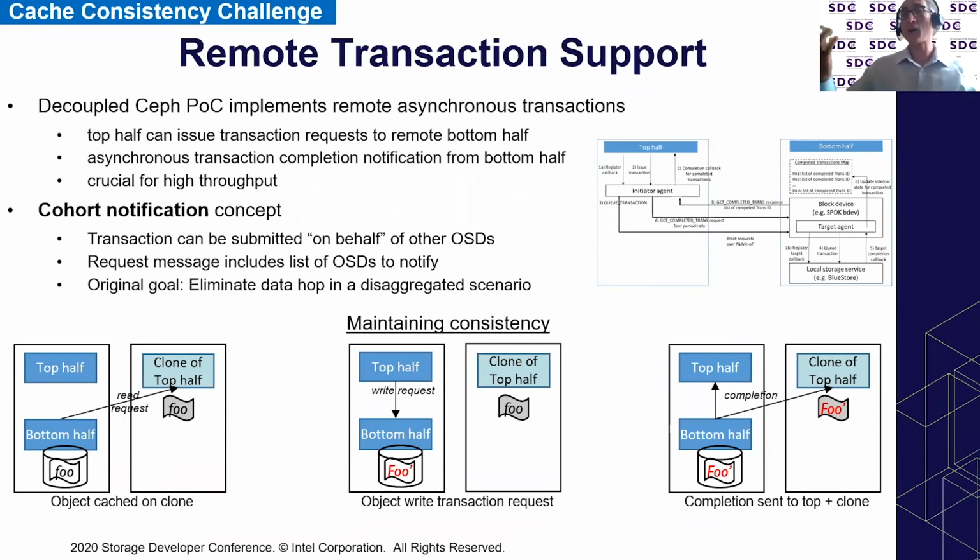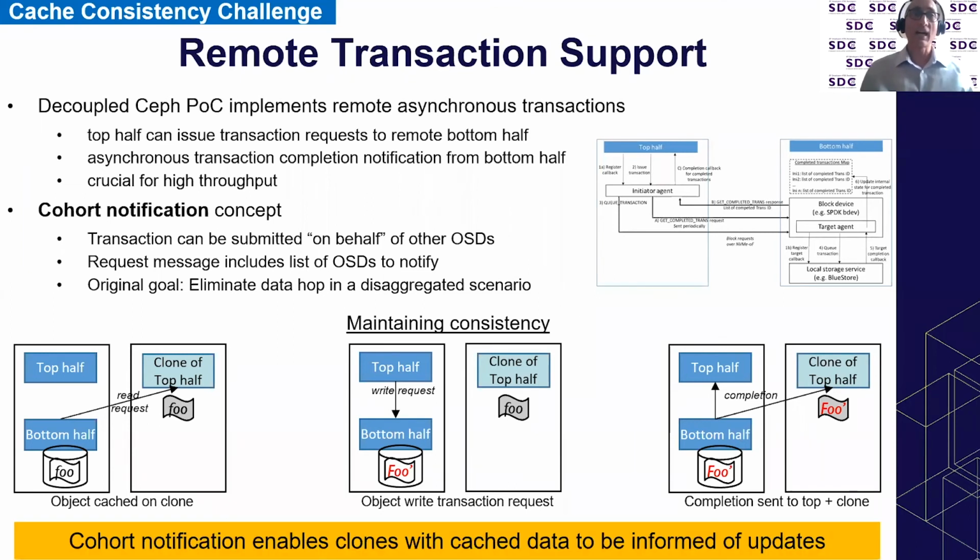This allows each clone to then pull up the latest copy of the data. So essentially, the cohort notification that we introduced in our remote transaction support in the decoupled Ceph POC we think will allow us to keep cached data on cloned top halves in sync with the actual persisted data. With that, we have talked through all three challenges that he mentioned before.